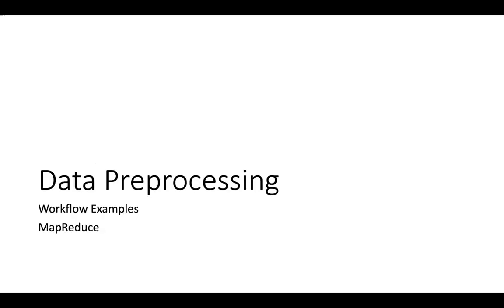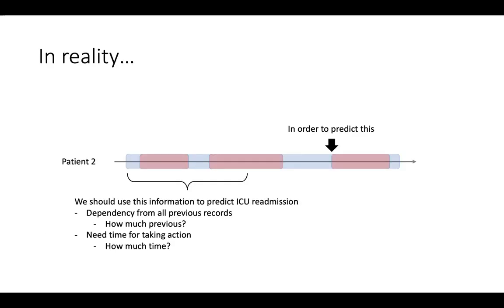So if you paid attention, you probably understand that hospital readmission prediction and ICU readmission prediction are more or less pretty much the same. The difference is whether the scope lies within a single patient or within a single hospital stay, and the rest is more or less the same.